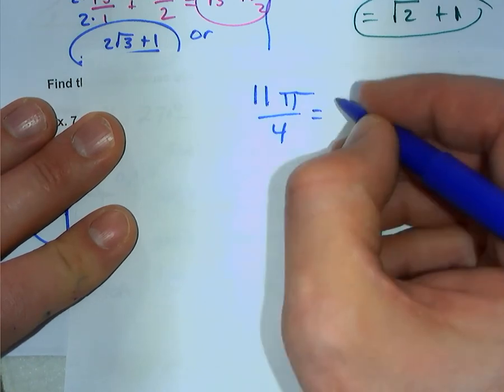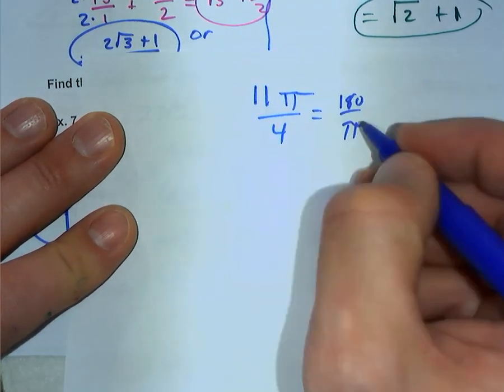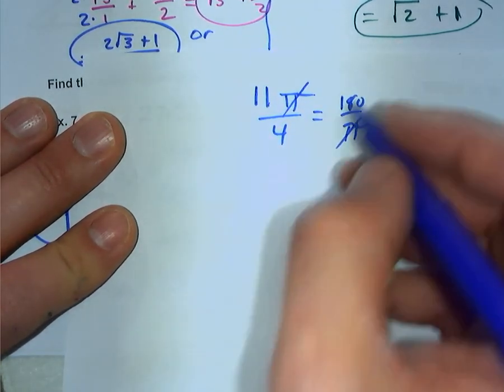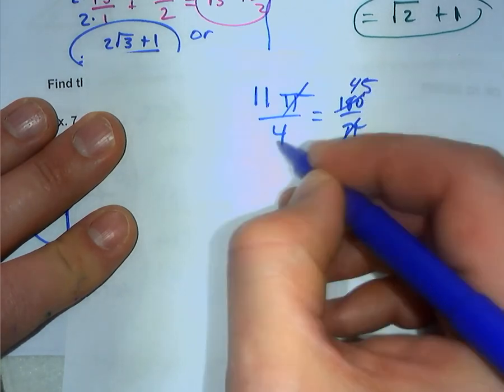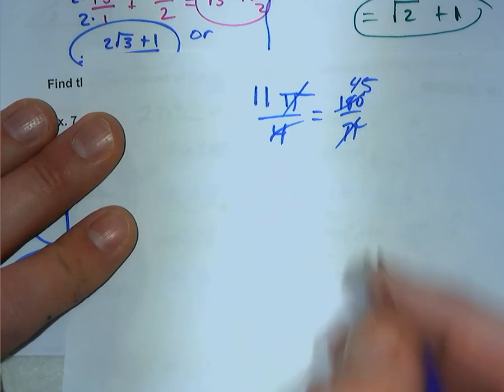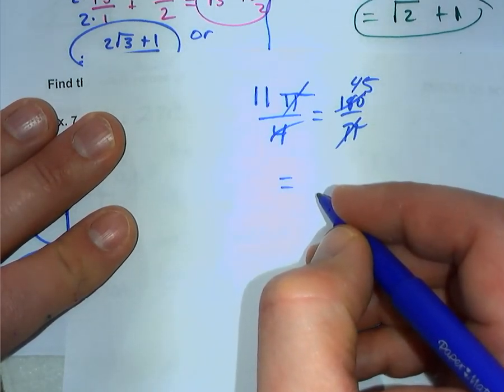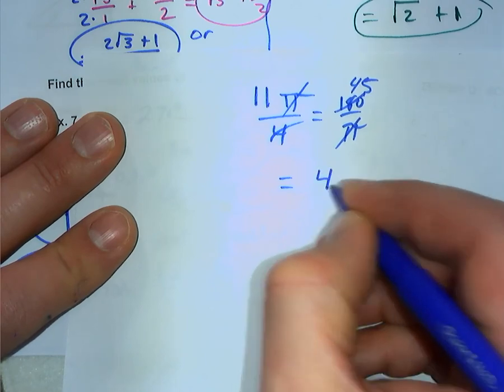If you need to, multiply by 180 over pi. Pi's cancel. And this turns into 45. 180 divided by 4 is 45. 45 times 11 is, you might need your calculators. 450 plus 45 is 495.